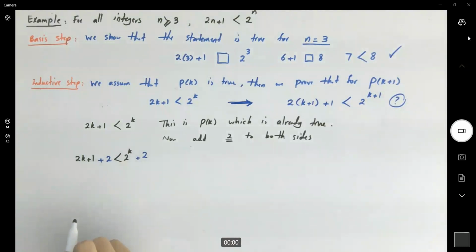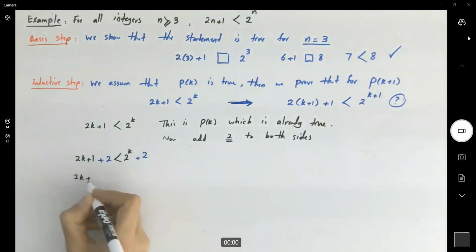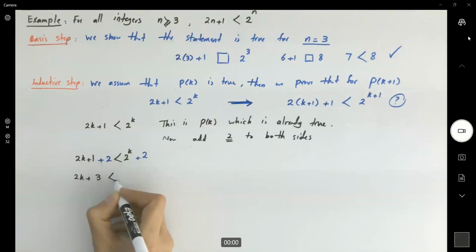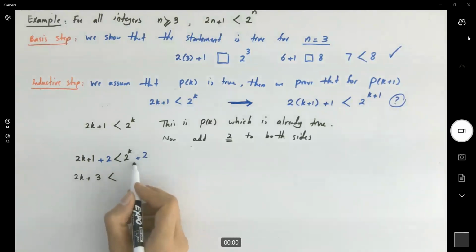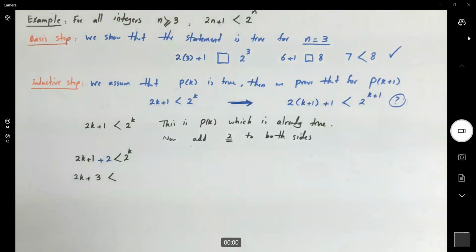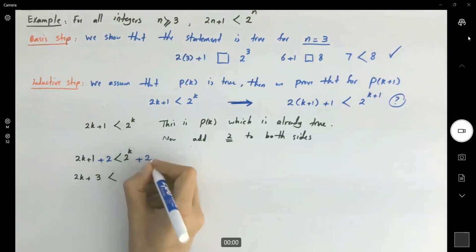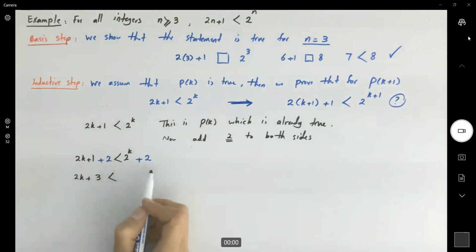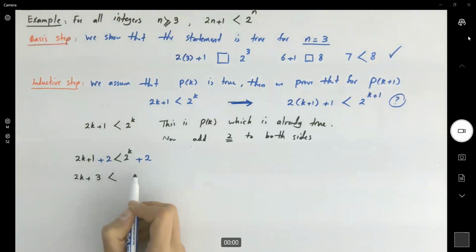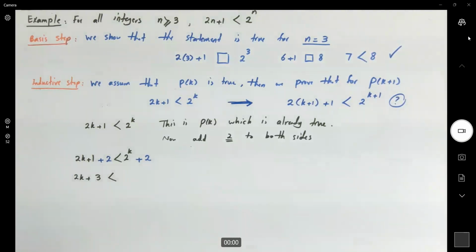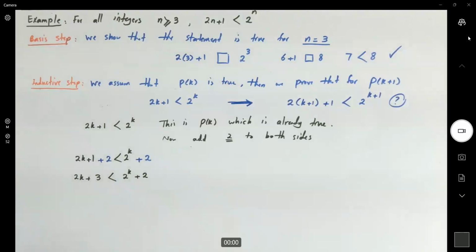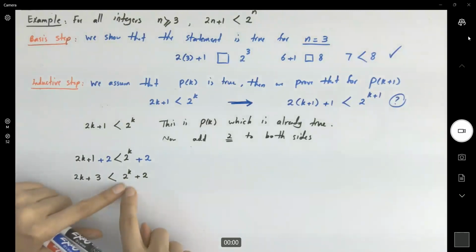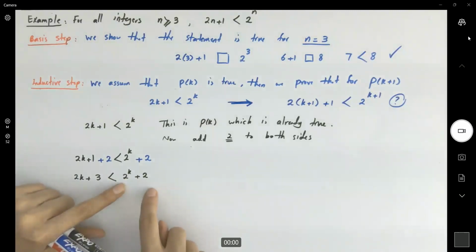Very good. Okay, it says, hey, 2k plus 3 is less than 2 to the power k plus 2.